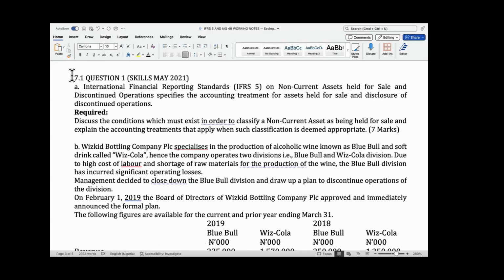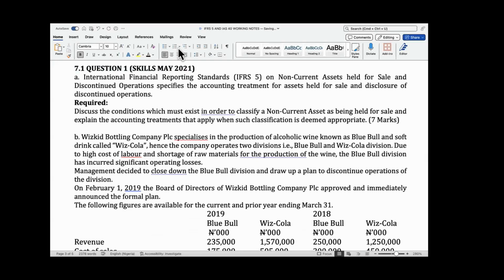Okay. So, Femi, please read this question for us. International Financial Reporting Standard on non-current assets held for sale and discontinued operations specifies the accounting treatment for assets held for sale and disclosure of discontinued operations.